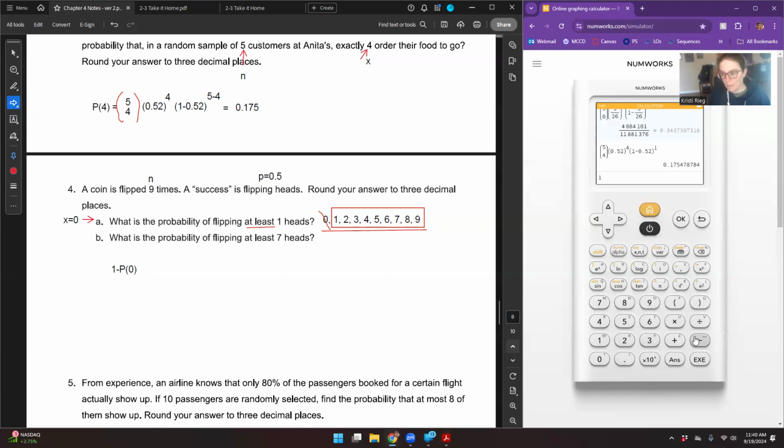1 minus the probability of 0 is, look at my toolbox, it is 9 choose 0 times my P to the X power, and then this is to the N minus X power.